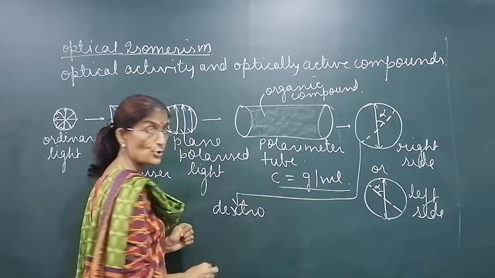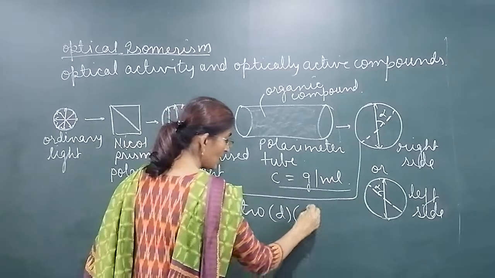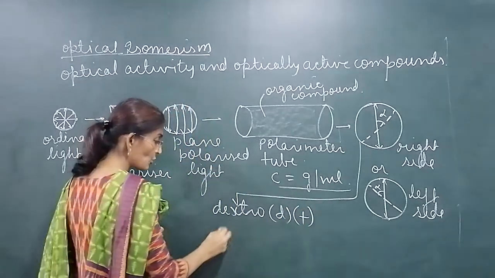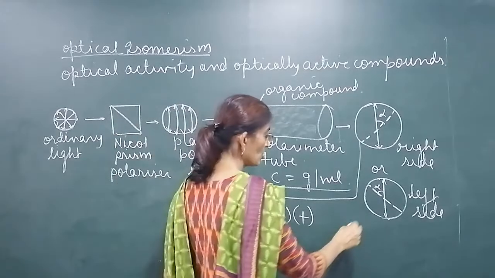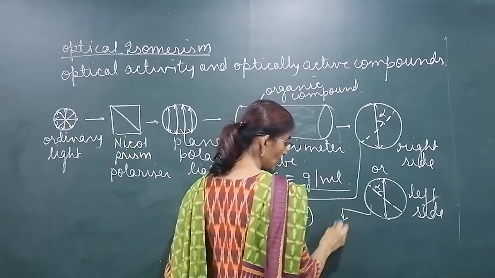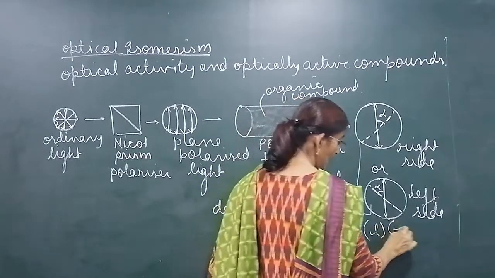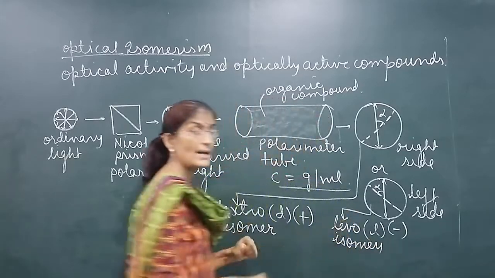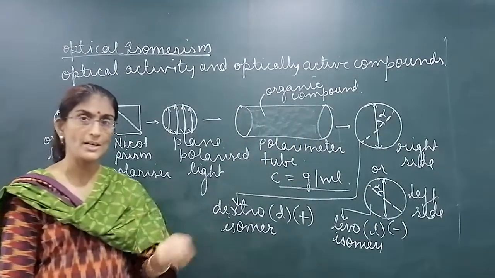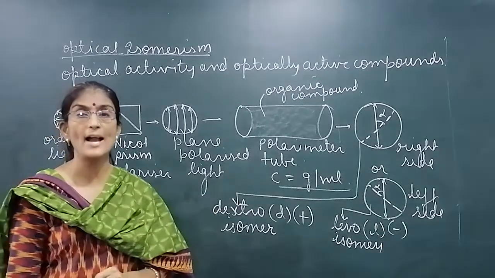It is denoted by simple d, and it is denoted by plus. Dextro isomer of the compound. And if the light is rotated towards the left side, we can call it levoisomer, or we can denote it by l and the minus sign. So there are two isomers, two optical isomers of a compound which is optically active, and these two optical isomers are known as dextro and levo.